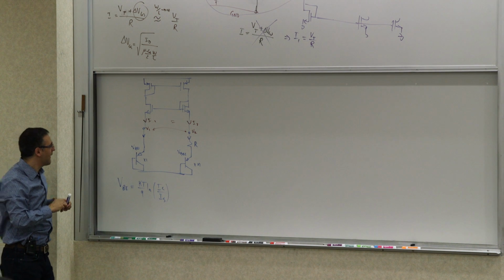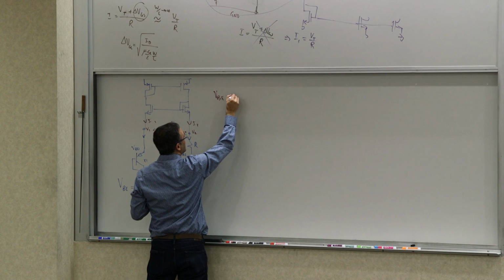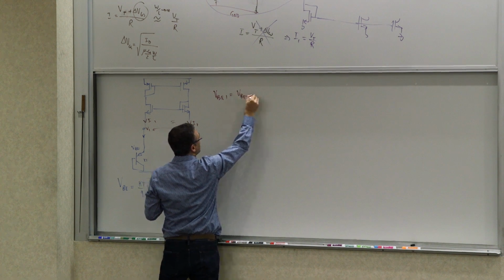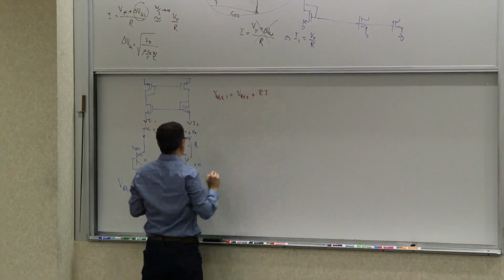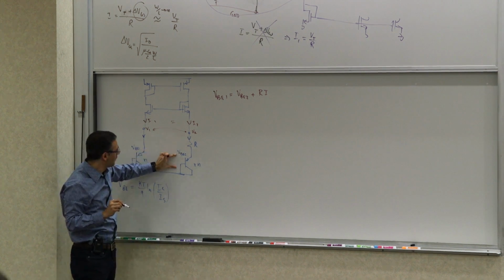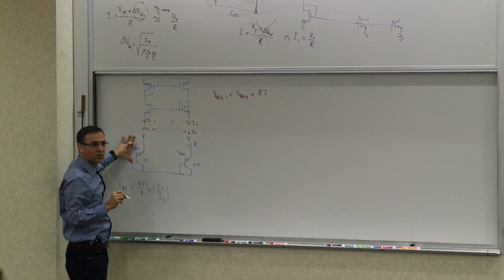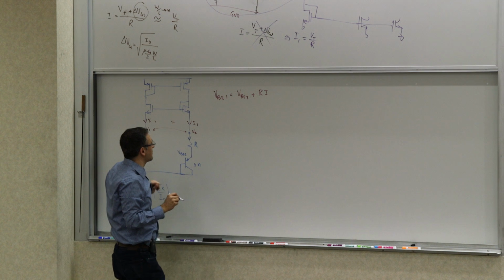Now, if that's the case, what do we get? We have VBE1 equals VBE2 plus R times I, which is this voltage drop. So what I'm saying is that this voltage plus this voltage is equal to that voltage. We force them to be equal by the use of this floating mirror.